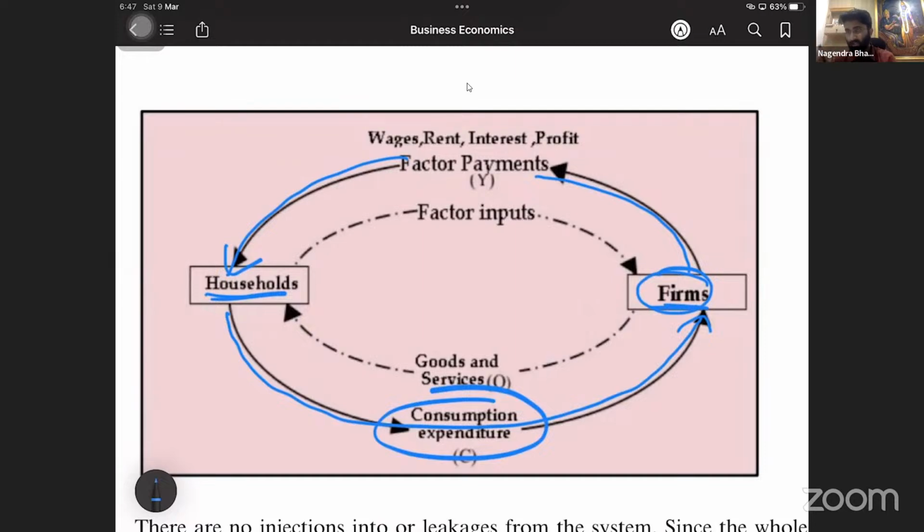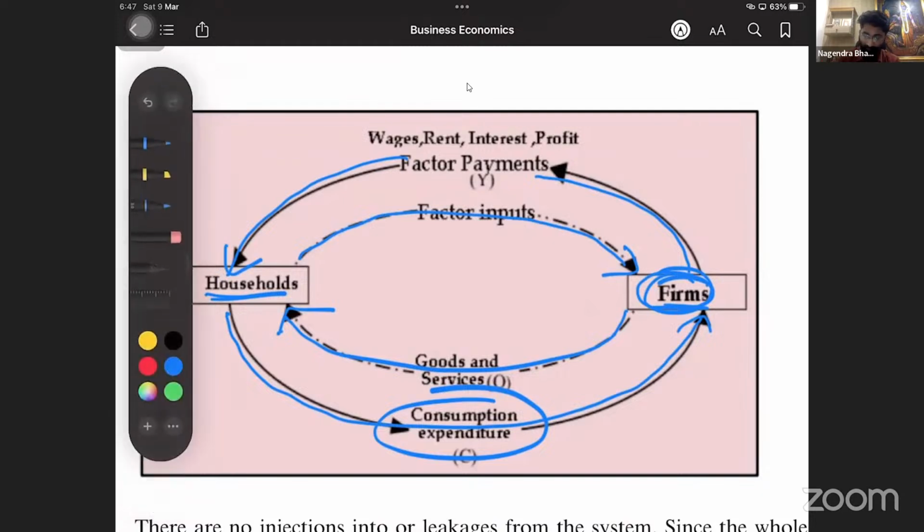Next, circle number 2. How do they produce? By taking factors of production. Who will give factors of production? Household, for which they will get income. So for factor inputs they will get the factor income.